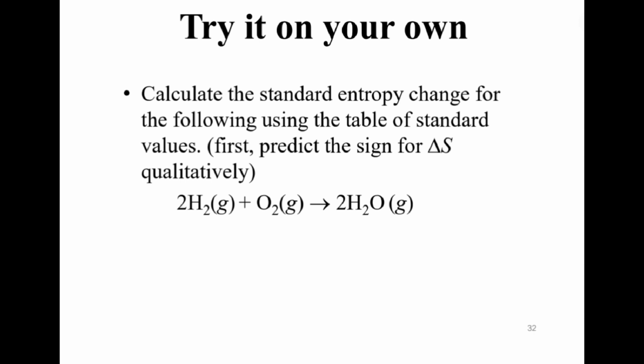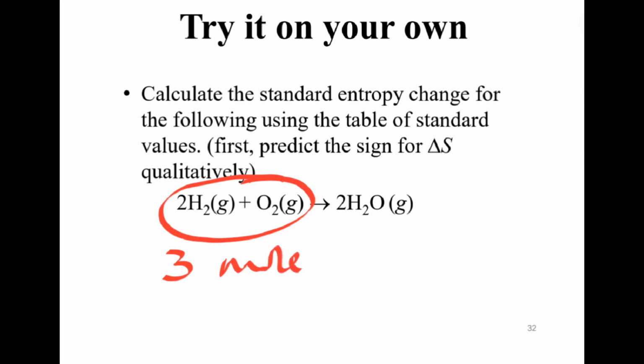So first, predict the sign for change in entropy qualitatively without using the data. Consider the number of moles of the system. In the reactant, we have 3 moles, whereas on the product we have 2 moles. What this means is that a fewer number of moles of a system has smaller entropy than a greater number of moles.